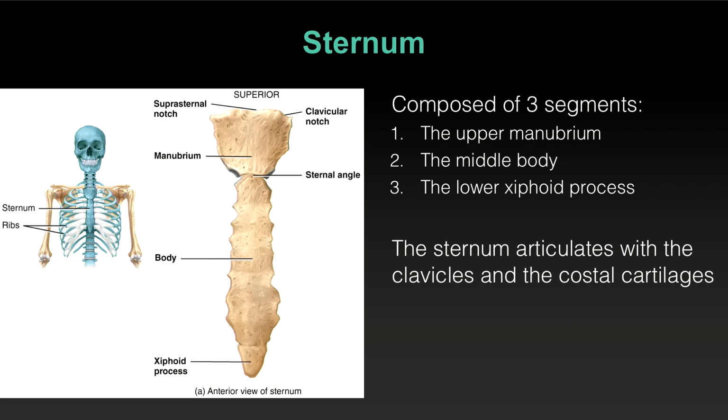We've talked about this, of course. The sternum articulates with the clavicles and the costal cartilages. The clavicles, you can see the articulation points here at the clavicular notches at the superior surface on the lateral edges of the manubrium. And you would have felt them when we were palpating that sternoclavicular joint in lab earlier this week or late last week.